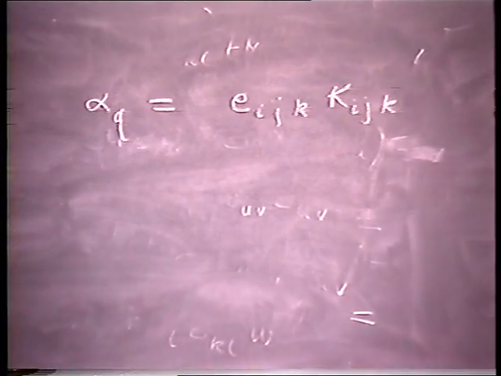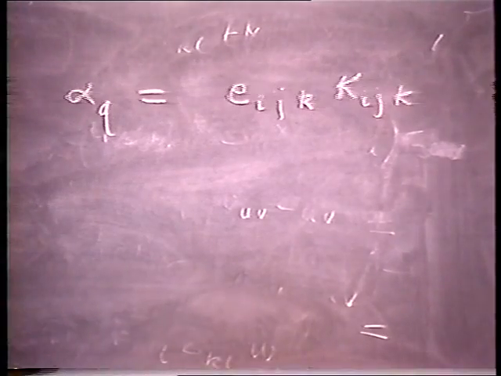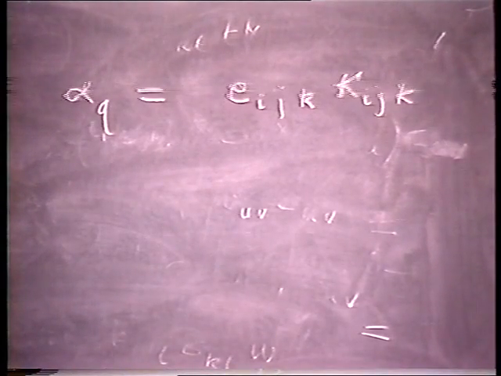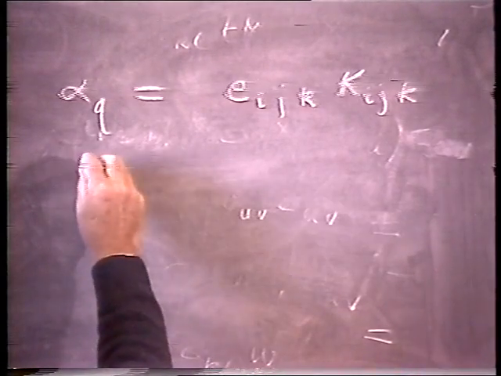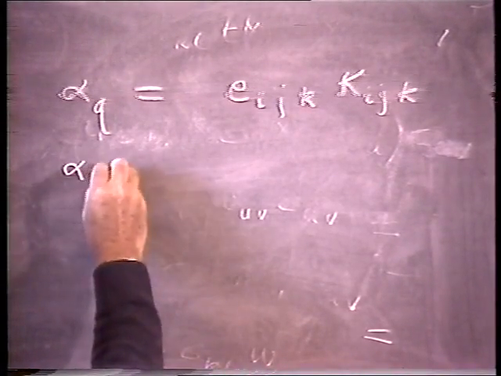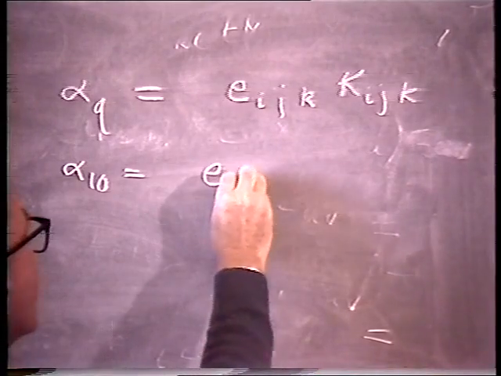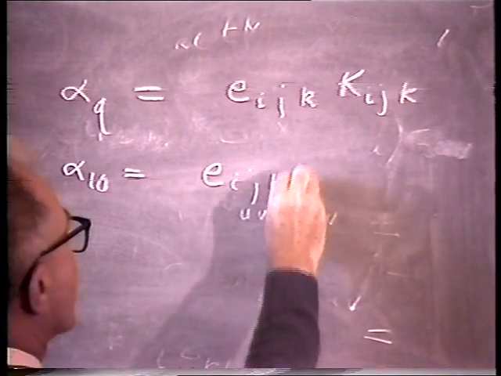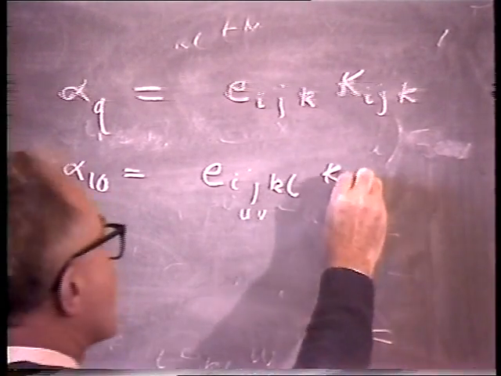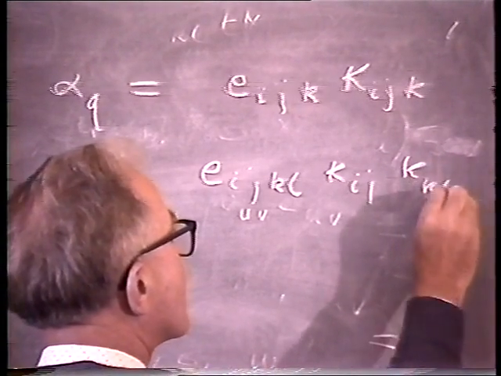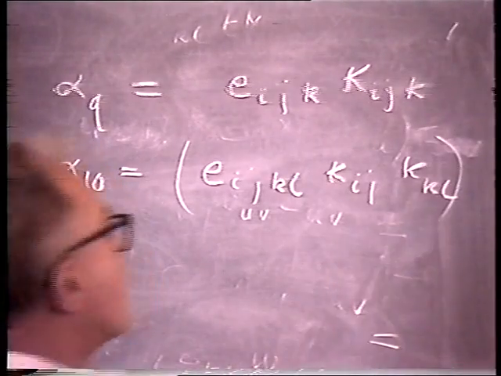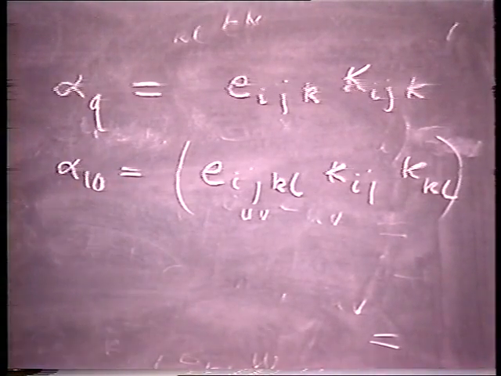So you have a set of alphas defined in this kind of way. Or, for example, you might have a formula of the form, say, alpha 10 is E_ijkl kappa_ij kappa_kl, and so on and so on.